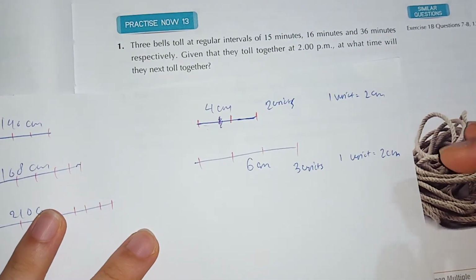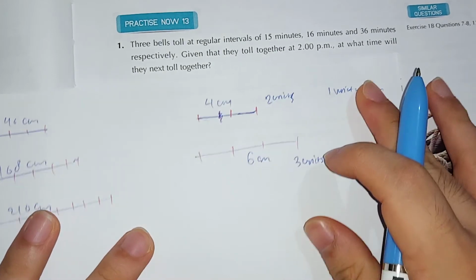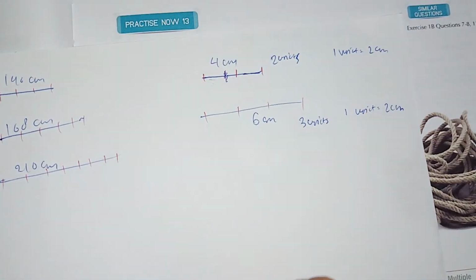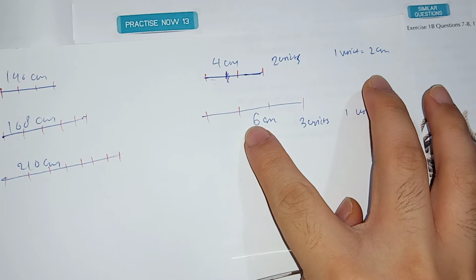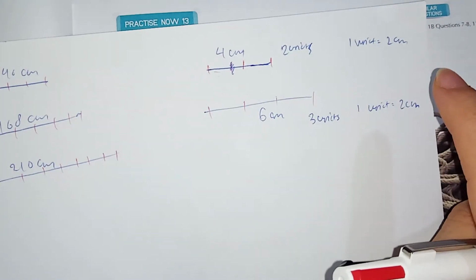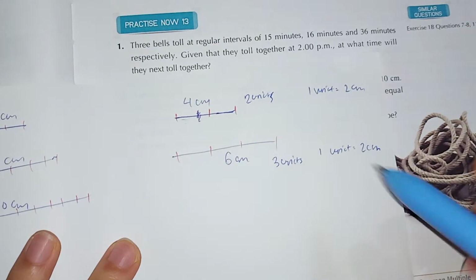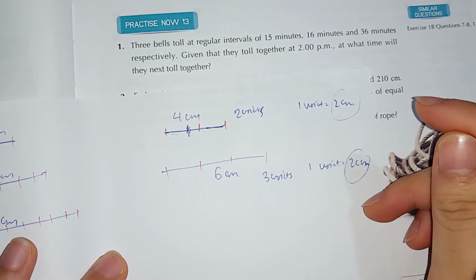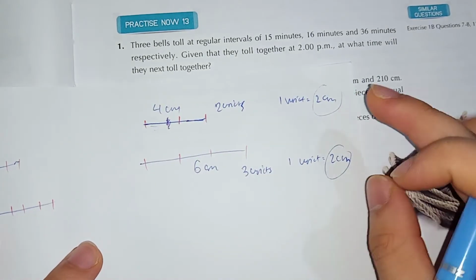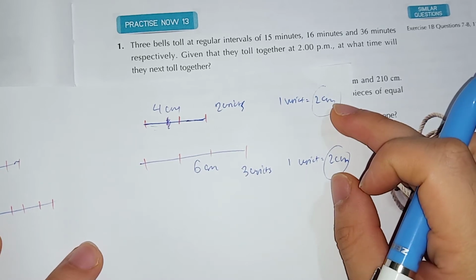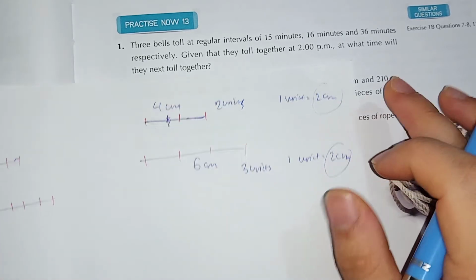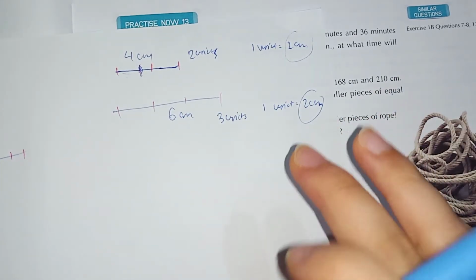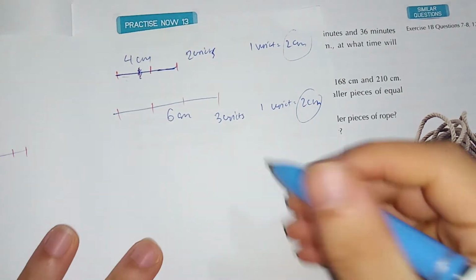Okay, 2 and 3 units. Now, if we want to find the length of the rope, how do we do it? We already have it, 2 centimeter, the same right now. How do we get these two from HCF and LCM? Let's try to do the factor tree first.